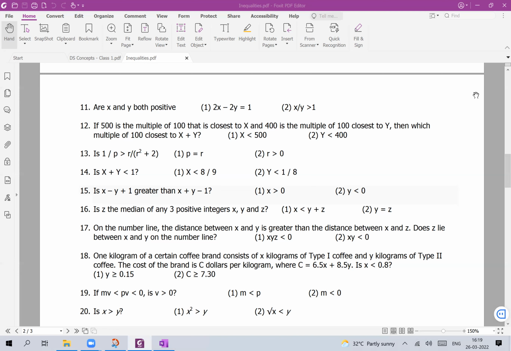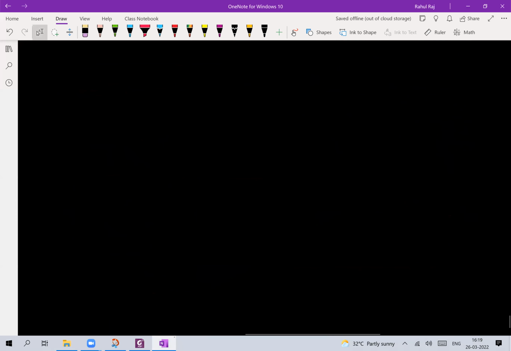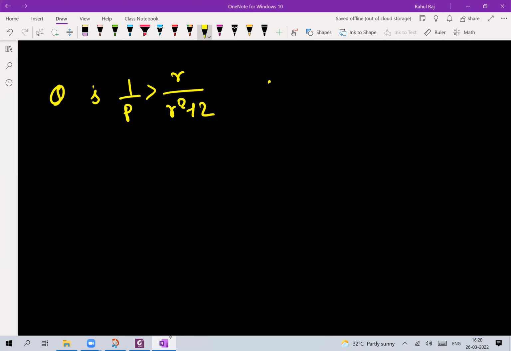It's a 20-second problem, that's all. It says, is 1 by p greater than r by r square plus 2? What are the answers you have got? Tell something. Option C. Krish, what's the answer? Either is not sufficient, but I didn't try them together.